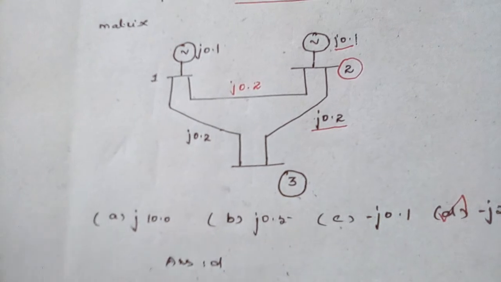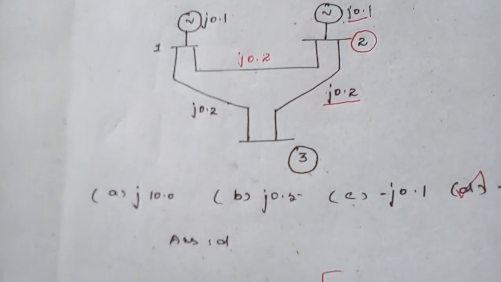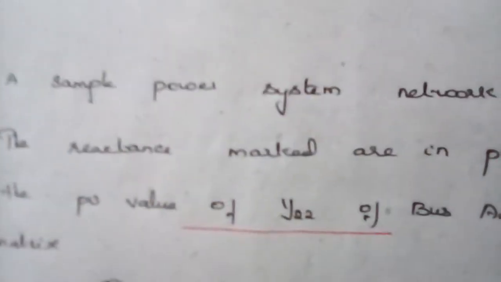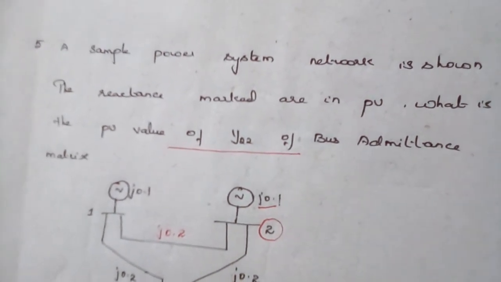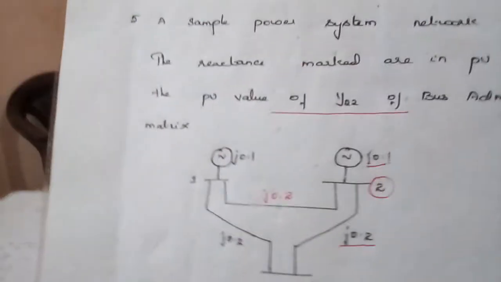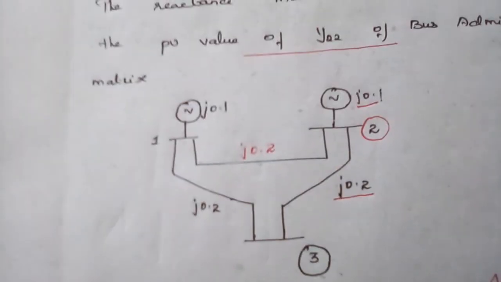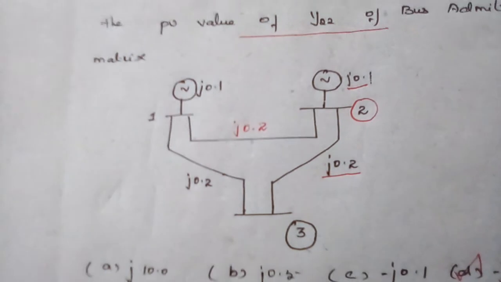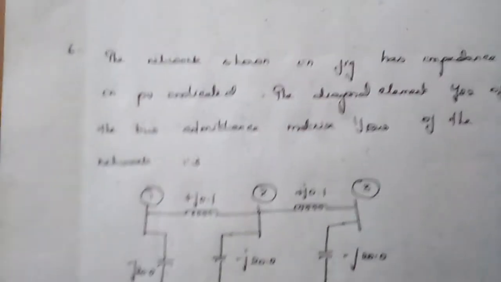Okay. So questions number 4 and 5 are relevant to the Y-bus system. You can expect such kinds of questions as objective type in the TANCET, TRB examinations, IES examinations, as well as the UPSC examination, right? In addition to this, we also discuss another question relevant to the Y-bus formulation.